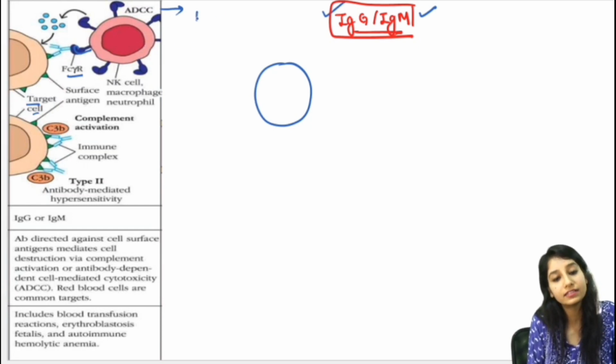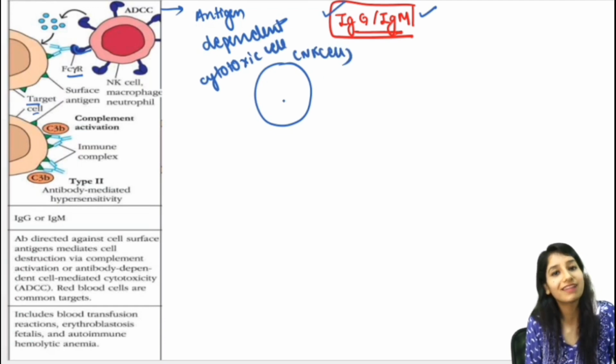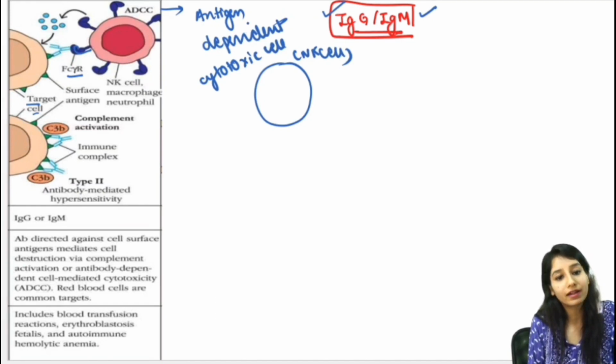What are ADCC cells? ADCC cells are antibody dependent cytotoxic cells, also known as natural killer cells. As the name suggests, natural killers, they will kill. Now these cells will become activated when the antibody is bound with their Fc receptors.